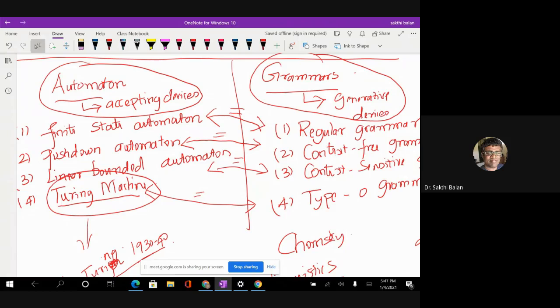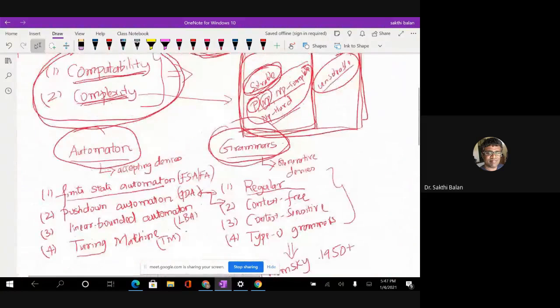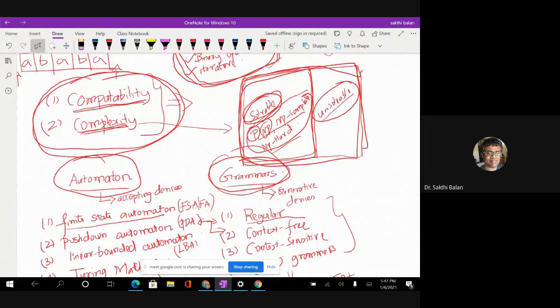So whenever we are looking at the abstract machine, what we are going to look at is these two questions. What is the computability and what is the complexity? So we are trying to solve these two questions when we are looking at the theory of computation. Okay, so in the theory of computation, these are the two core things that we will be looking at. One is the computability and the other one is the complexity.